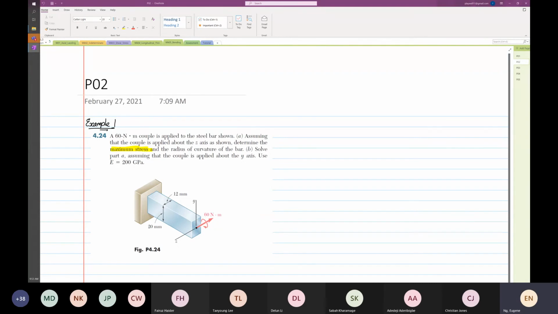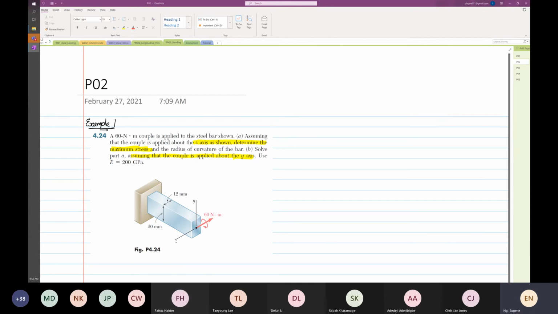Part A states that the moment is applied in the z-axis, as you can see. For part B, they're going to switch the moment and it's going to be applied in the y-axis. So part A is exactly what you see in the figure.